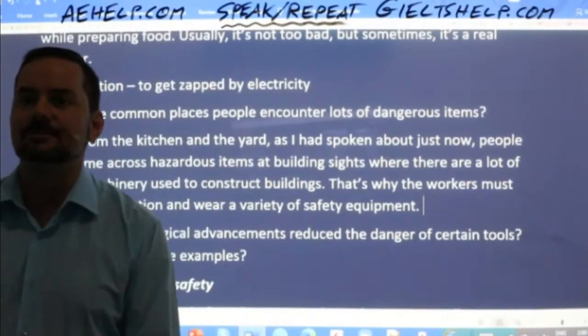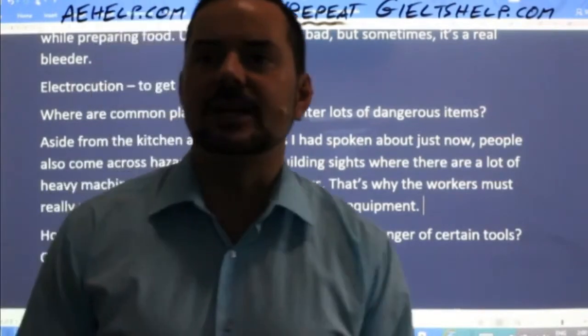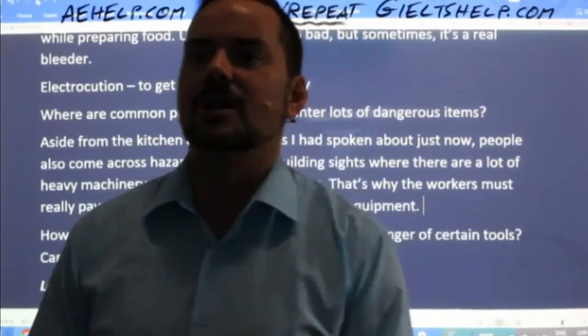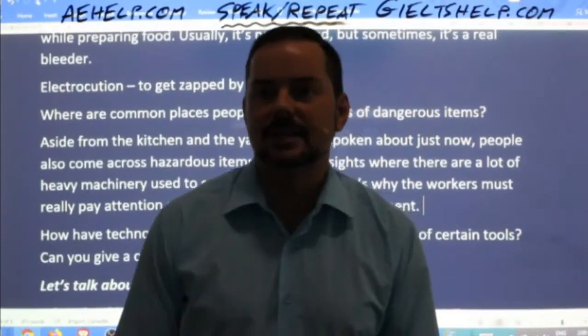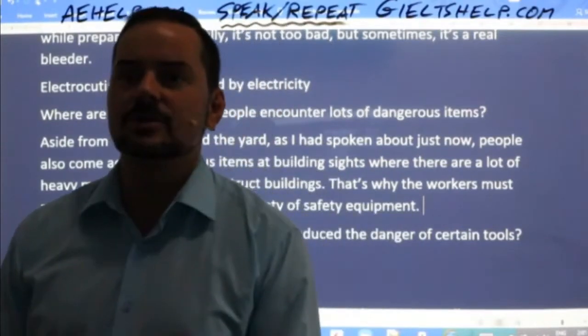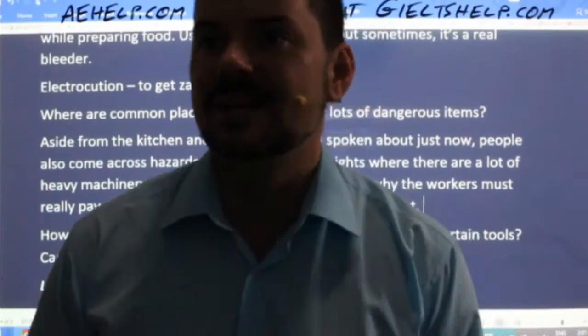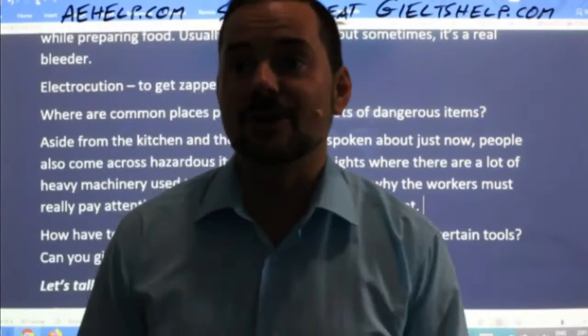Hi, Byron. Honey says there are various places in the home where people encounter dangerous objects, but the kitchen contains the most dangerous objects. Roshni says the usual places individuals encounter hazardous items are not only in the industries, but also in offices like cutters, blades, staplers, since they are often used in work. Okay, Roshni, I like that.